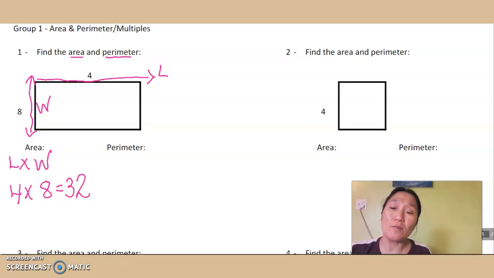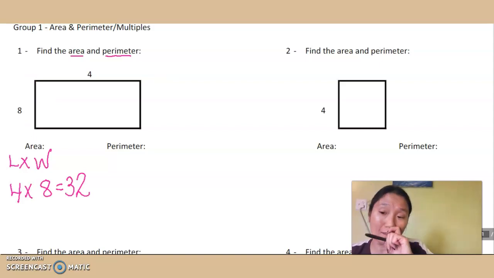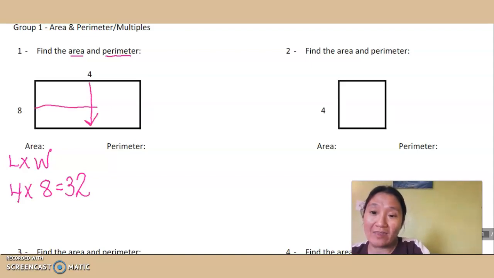Now the perimeter on this one, you add up all of the sides. So if you notice on here, you're thinking, well, Mrs. Nelson, all the sides are not filled in. You're right, they aren't. However, you know that this side is going to be 4 and this side is going to be 4.